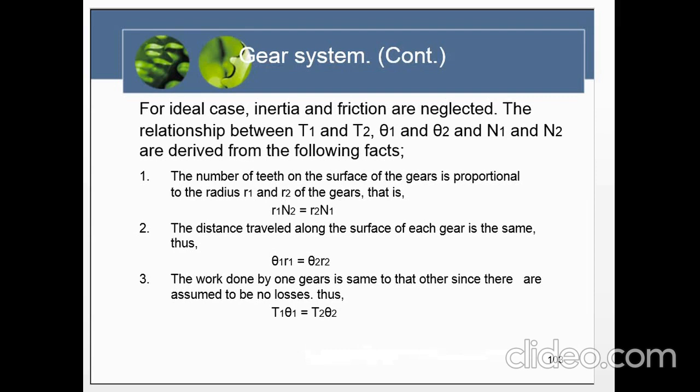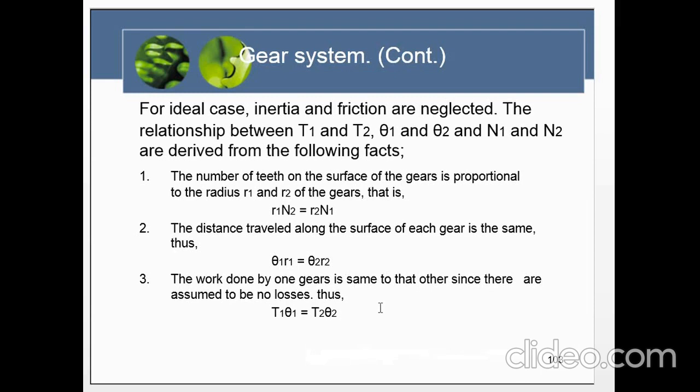The number of teeth on the surface of the gear is proportional to the radius R1 and R2 of the gear, so R1 N2 is equal to R2 N1. And the distance traveled along the surface of each gear is the same. Thus theta 1 R1 is equal to theta 2 R2.